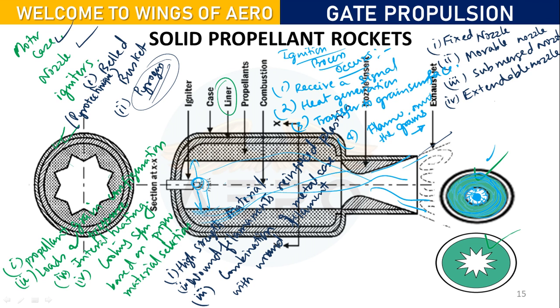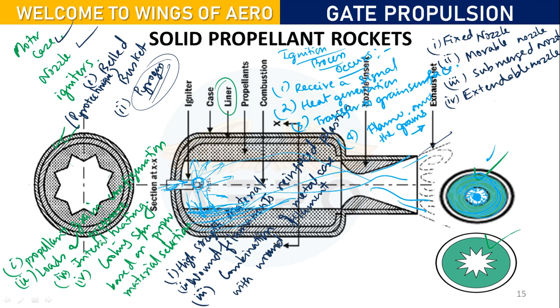Now, ignition: first we receive the signal that somebody has initiated and now we should ignite. Once it receives the signal, it will generate heat. That heat will be liberated outside and transferred to the grains. Once the grain receives the heat, it starts to get a flame and decompose, that is, it starts to burn.